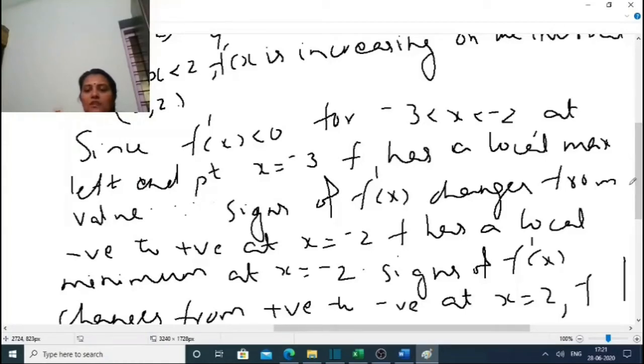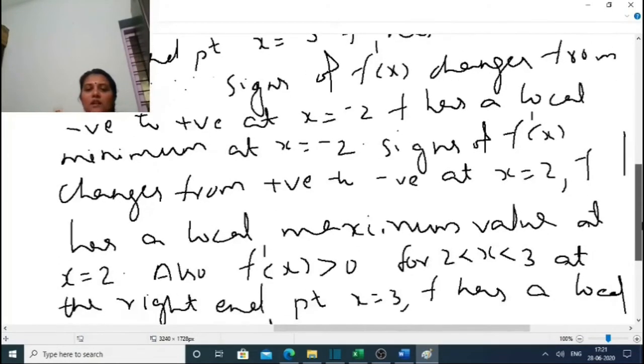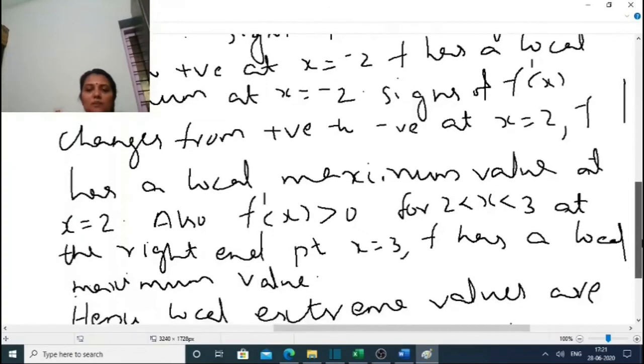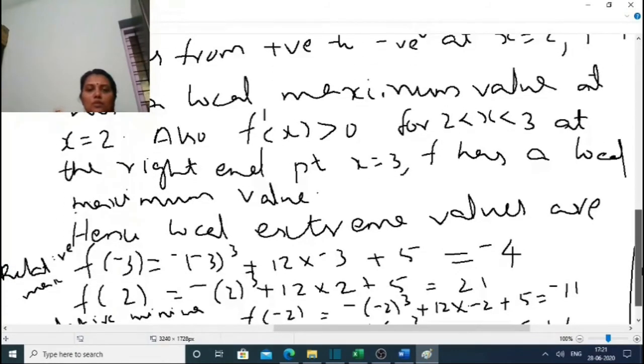Now, the sign of f dash x changes from positive to negative at x equal to 2, so f has a local maximum value at x equal to 2. Also, f dash x greater than 0 for 2 less than x less than 3, at the right endpoint x equal to 3, f has a local maximum value.